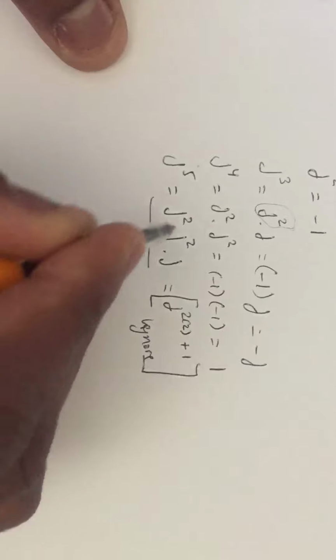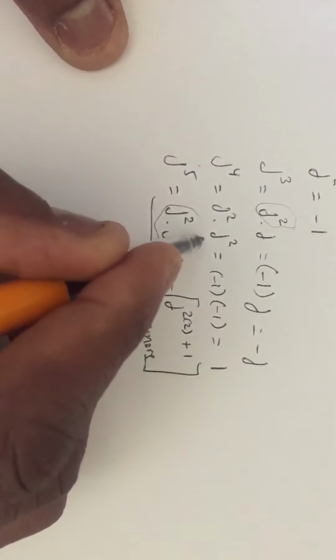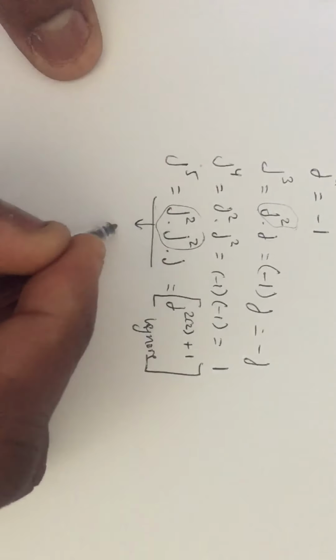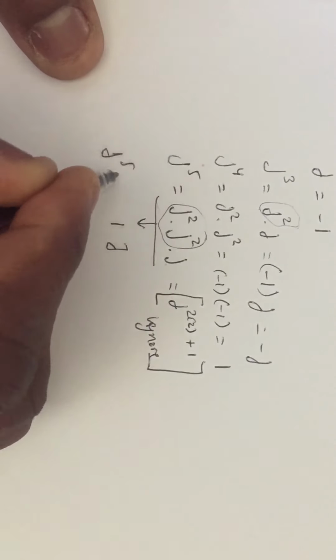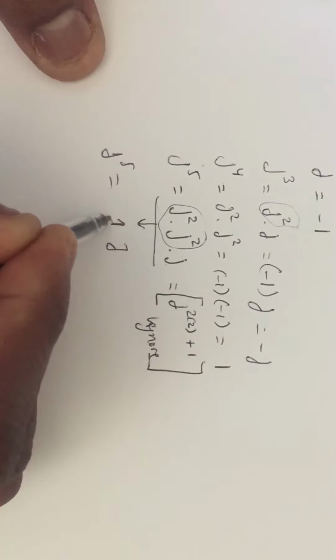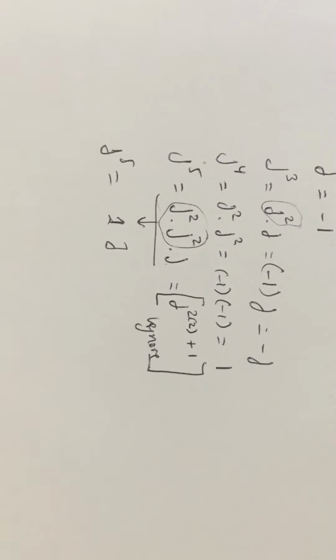Let's go back here. We know that this j to the power 4 gives you 1, and then I'll remain with j. So j to the power 5 is equal to 1 times j, which is j.